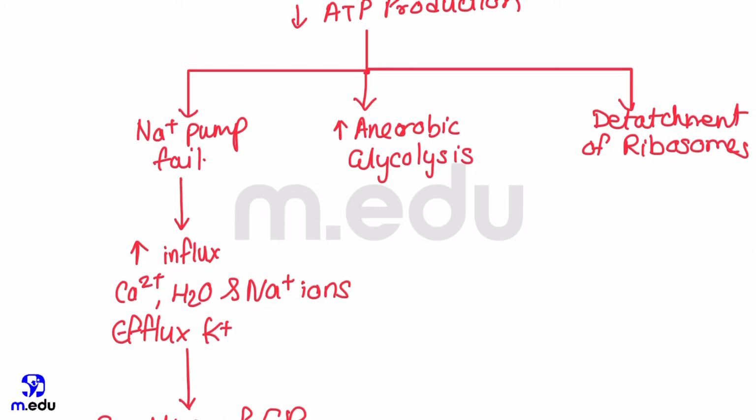Now, due to the increased anaerobic glycolysis, three things will happen. Number one, there will be decreased glycogen present inside the body. Number two, there will be increased lactic acid levels.